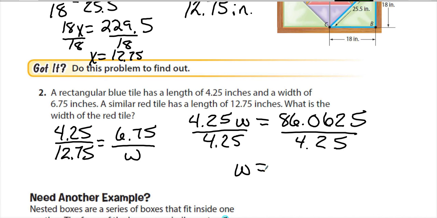Okay, go ahead and type that in if you didn't already. And that's going to give us 20.25. All right, and then it says what is the width of the red tile? So it doesn't say how many inches is the width, it just says what is the width. So we do need to label on this one, which will be, in this case, inches. Okay, let's go ahead and move on.